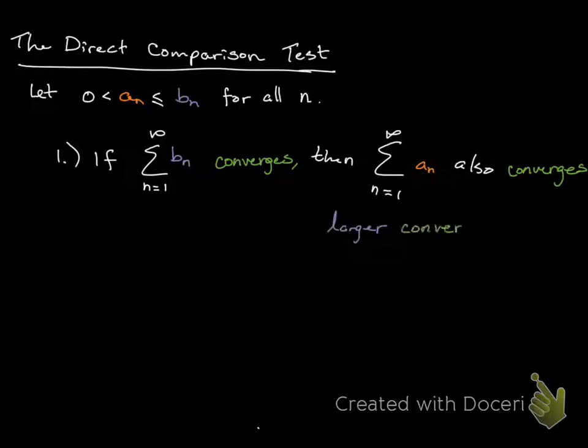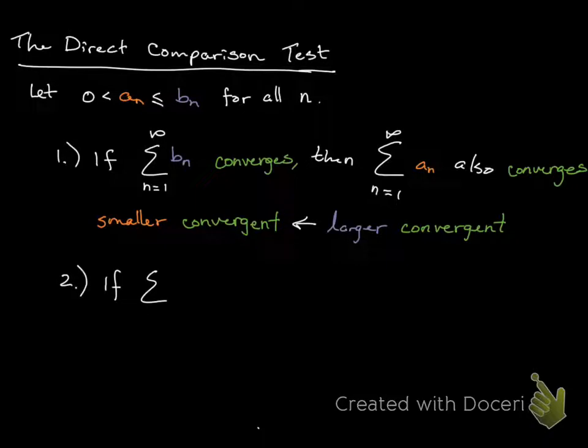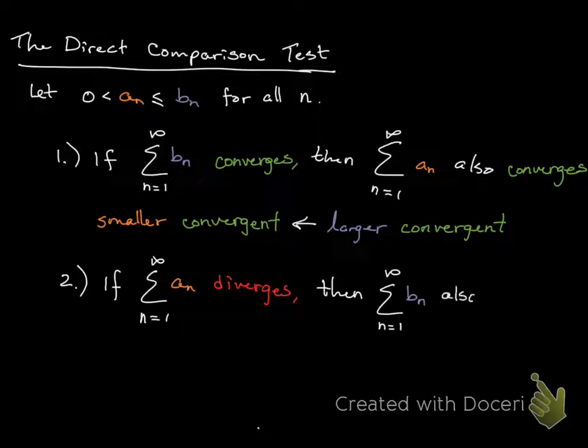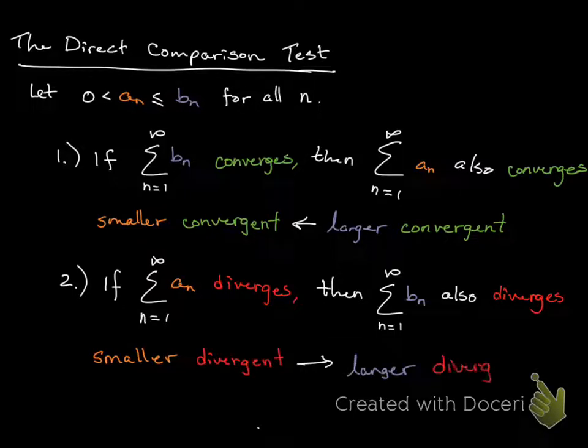Similarly, but backwards, if the sum of a_n, the smaller series, diverges, then any series that's larger, b_n, should also diverge. So a smaller divergent series implies that the larger series I'm comparing it to is also divergent.